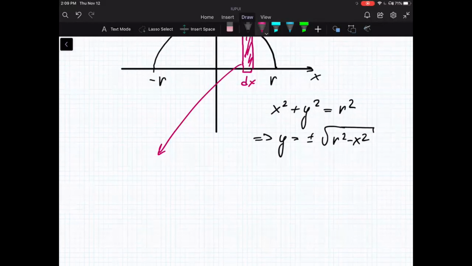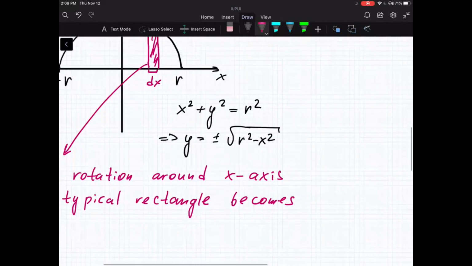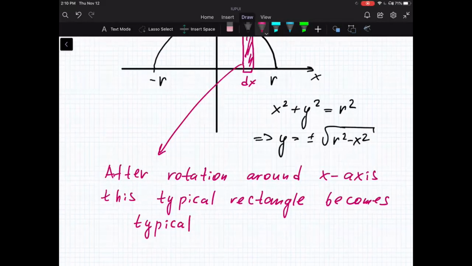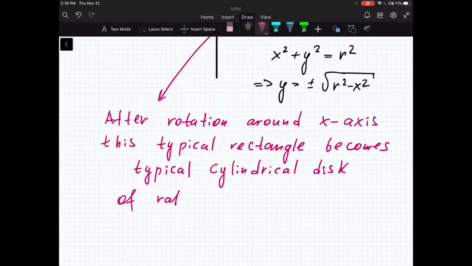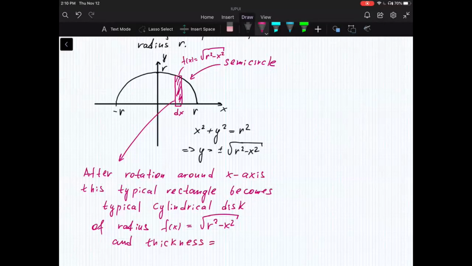Thus, this rectangle will become the corresponding cylindrical disk. By the same reasoning as we have seen, the radius of this cylindrical disk will be f of x, but in our case, f of x is the square root of r squared minus x squared, and the thickness is just dx.